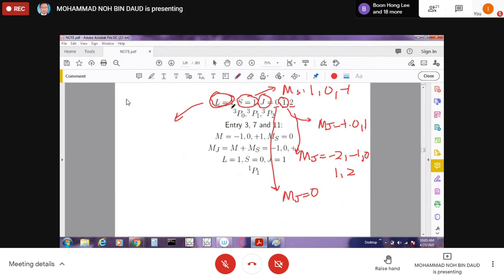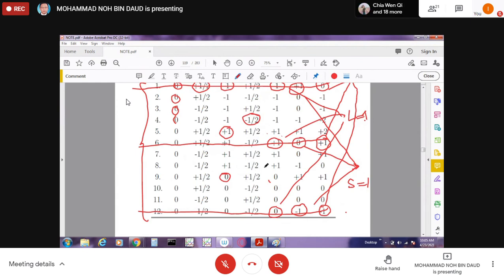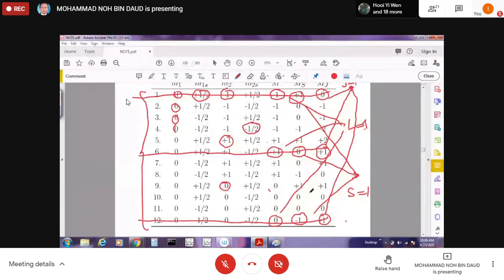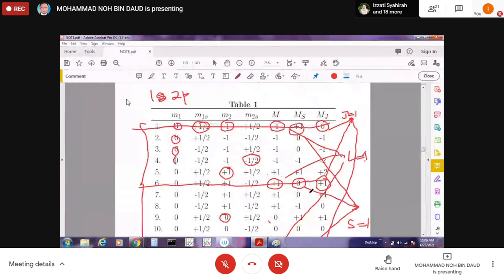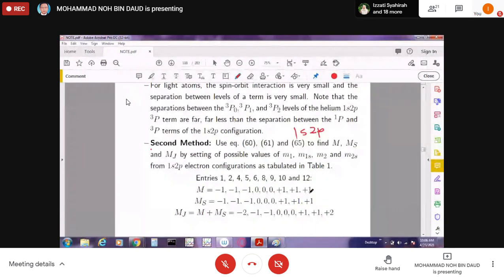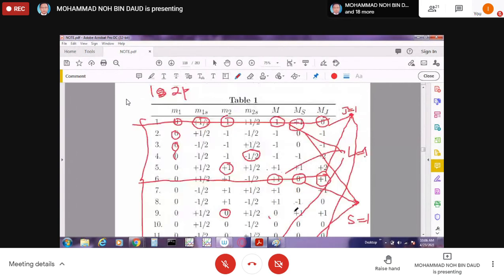J0, L1, S1. L1 S1. So how many zeros here? This we have the 30 ms 30. 1, 2, 3.